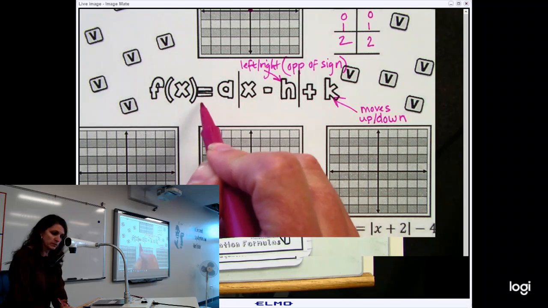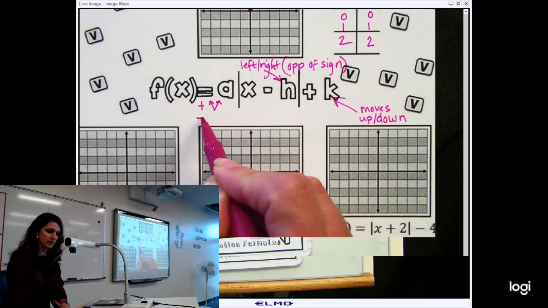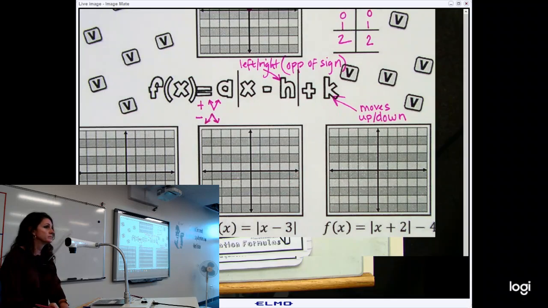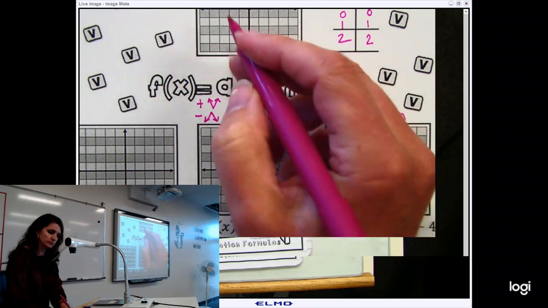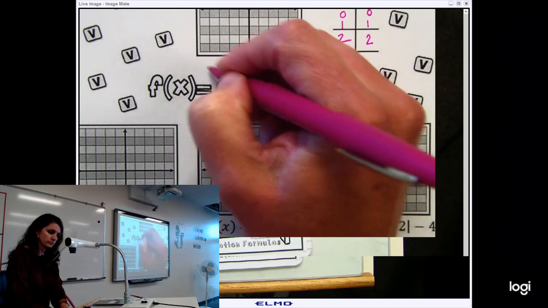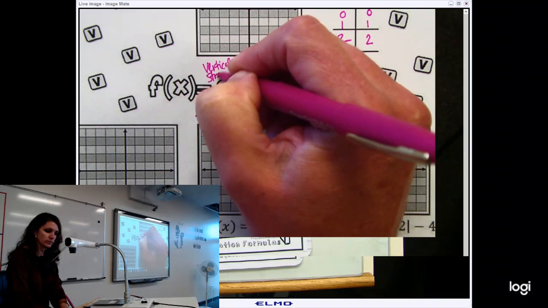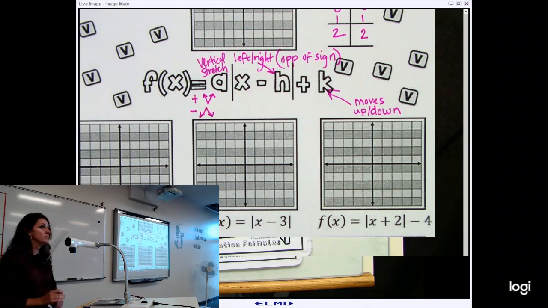And then the number out front. If it's positive, it opens up. If it's negative, it opens down. And it also is our vertical stretch, meaning how skinny that V gets or how wide it opens up.